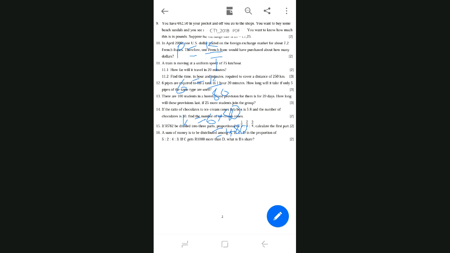Oh yeah, so now I know my K. So now if I have 5 pipes, it will be equal to K over the time. So the time will be equal to 480 divided by 5.